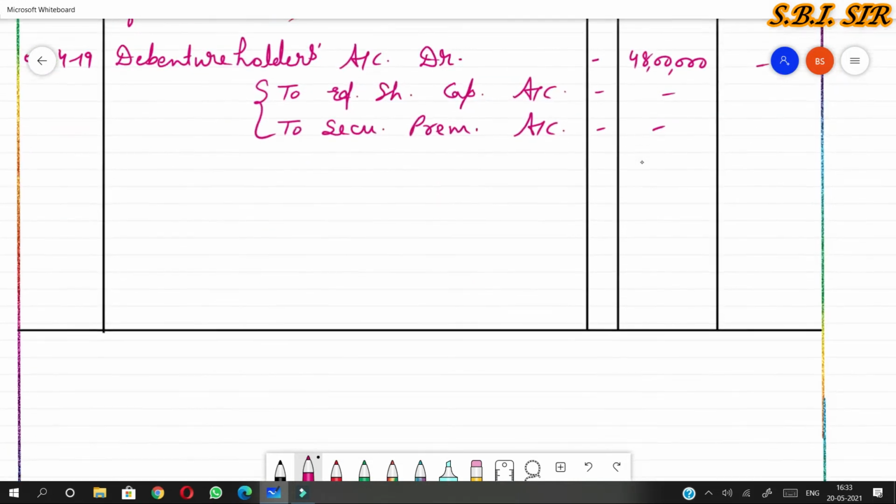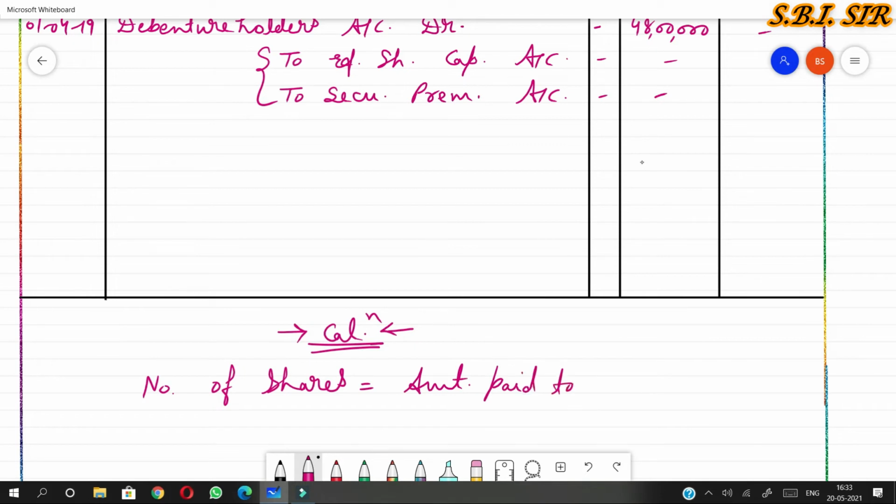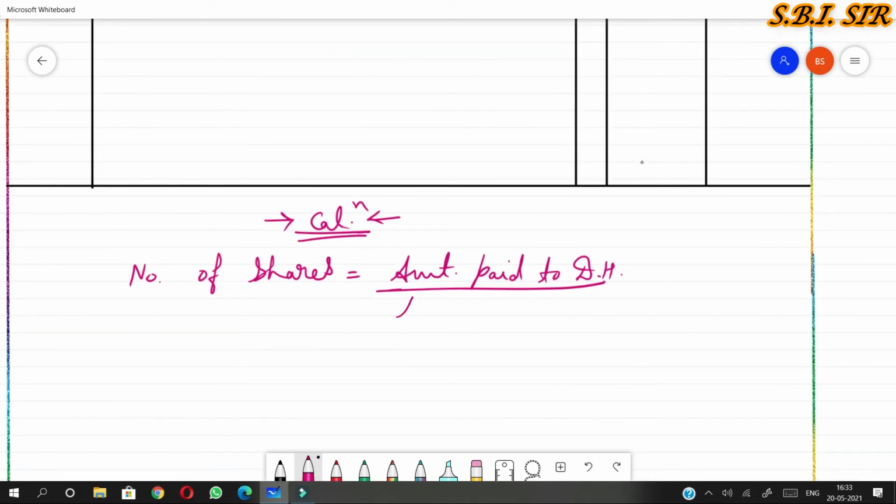So for this purpose we have to calculate the number of shares. Calculation: number of shares equals amount paid to debenture holders divided by amount per share, and we have to pay the debenture holders 48 lakh rupees.